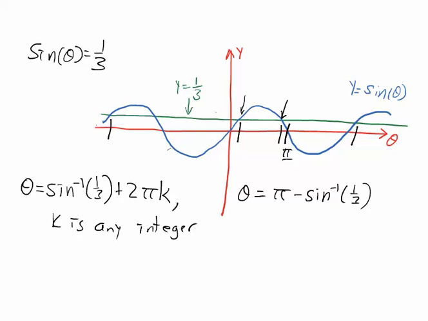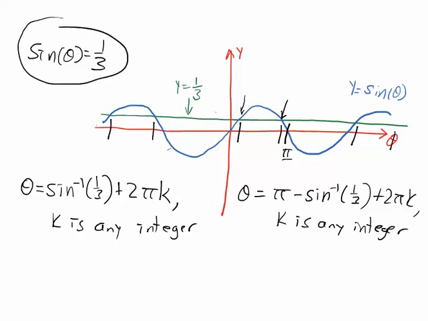And again, we can add multiples of 2 pi to that to find the other solutions. So we can add 2 pi times k. Again, k can be any integer. And together, from these two formulas, we are expressing all of the solutions of our equation, sine of theta equals 1/3.